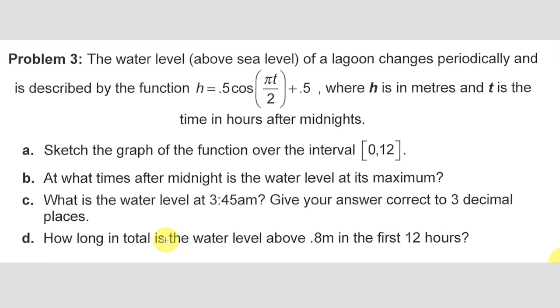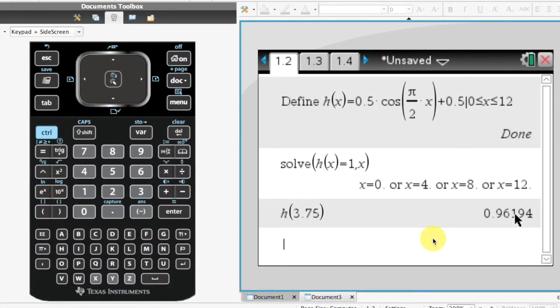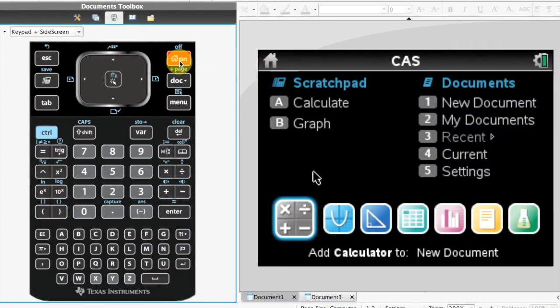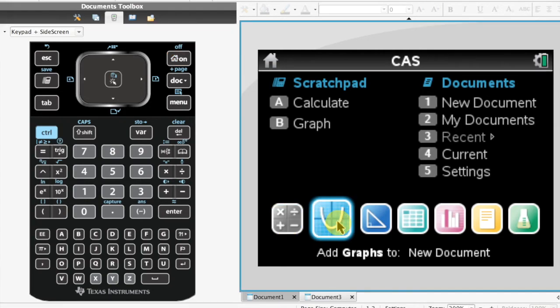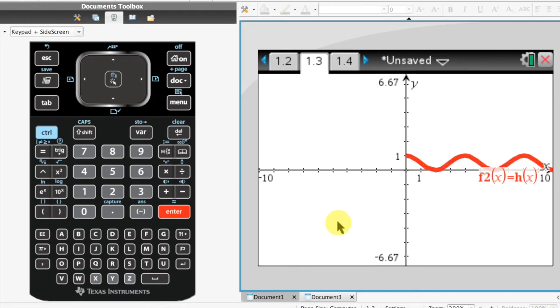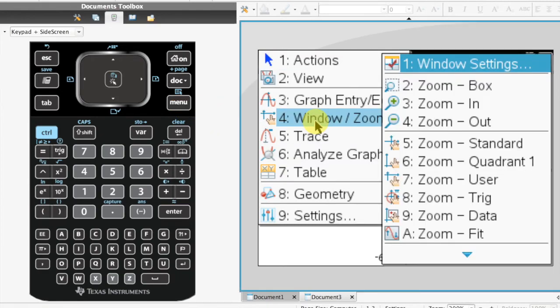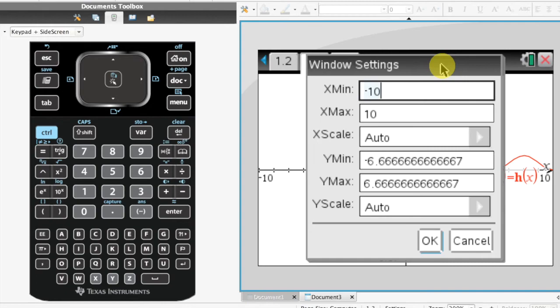How long in total is the water level above 0.8 meters in the first 12 hours? So let's just muck around with the CAS a little bit here. If I go to the home screen, I'm going to plot in that h of x. You can see it's not very helpful in that format, but what I can do is go to the menu, window and zoom, window settings.